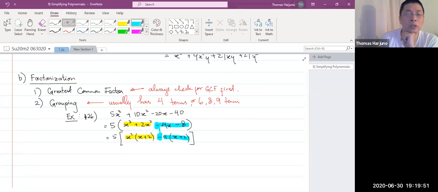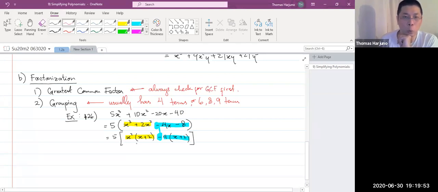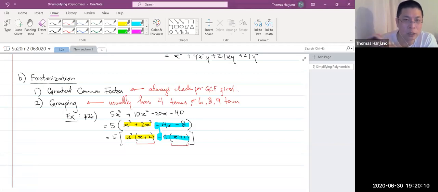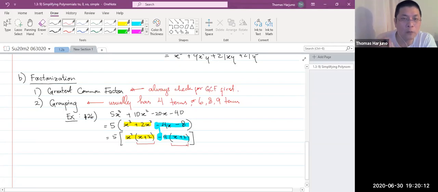And then you notice that in that group, I grouped them into 2 halves, right? In that group, we have common factor again. And that common factor is a group. Instead of one single expression, it's actually a group of x plus 2.